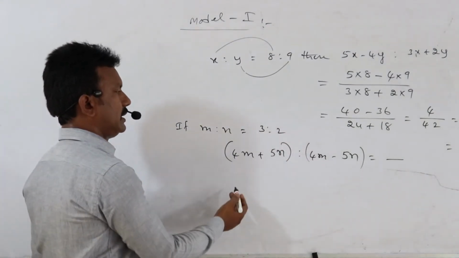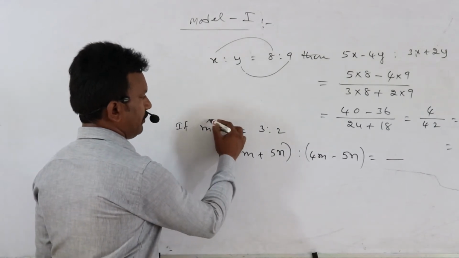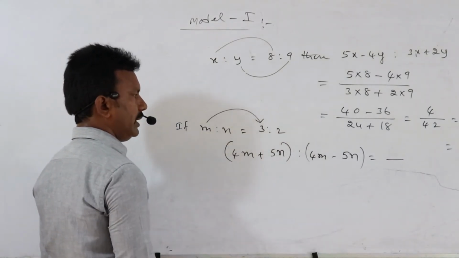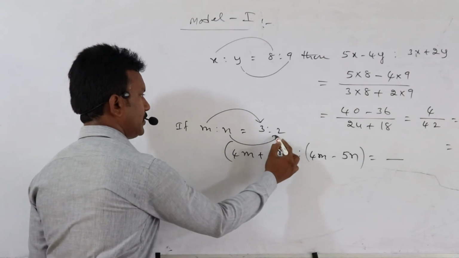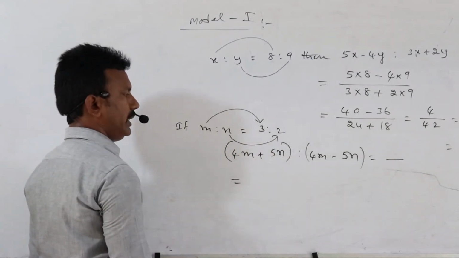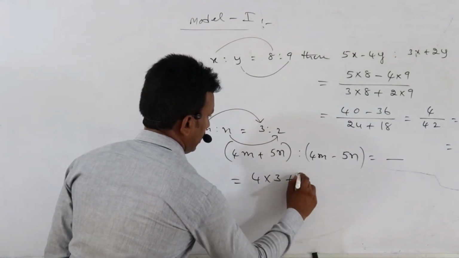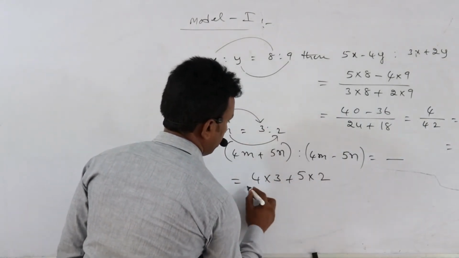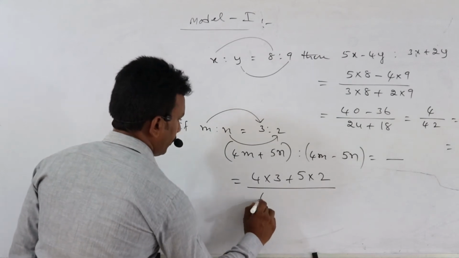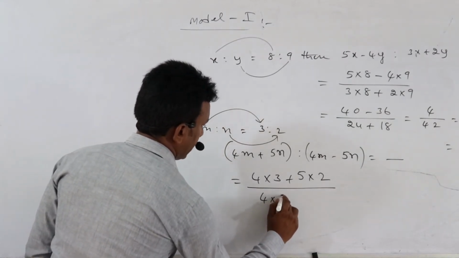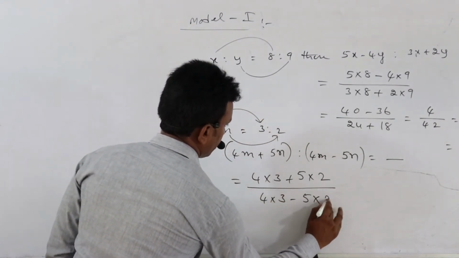In this case also we write the same: part of m is 3 and part of n is 2. That equals 4 into 3 plus 5 into 2, by 4 into 3 minus 5 into 2.